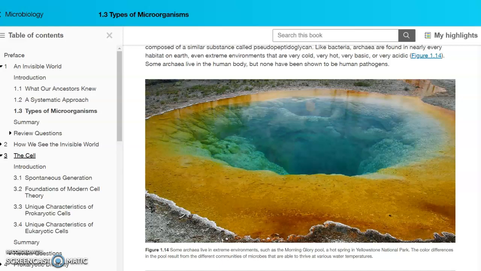This is a very hot spring, probably also containing sulfur, as most of the pools at Yellowstone do. These beautiful colors you're seeing are a result of the archaea that live in this environment at the different water temperatures found there.